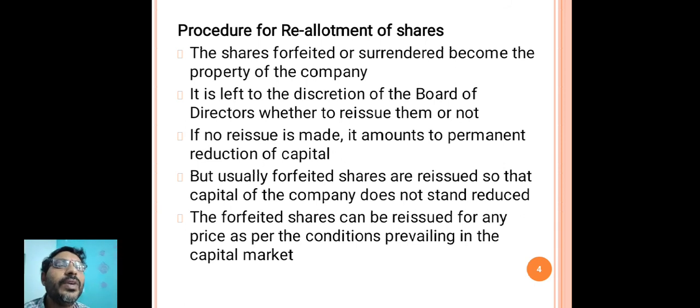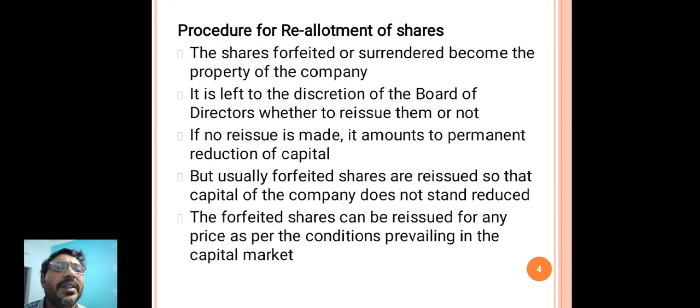But usually joint stock companies reissue the forfeited shares because they don't want to reduce the capital. Generally, the forfeited shares are reissued.